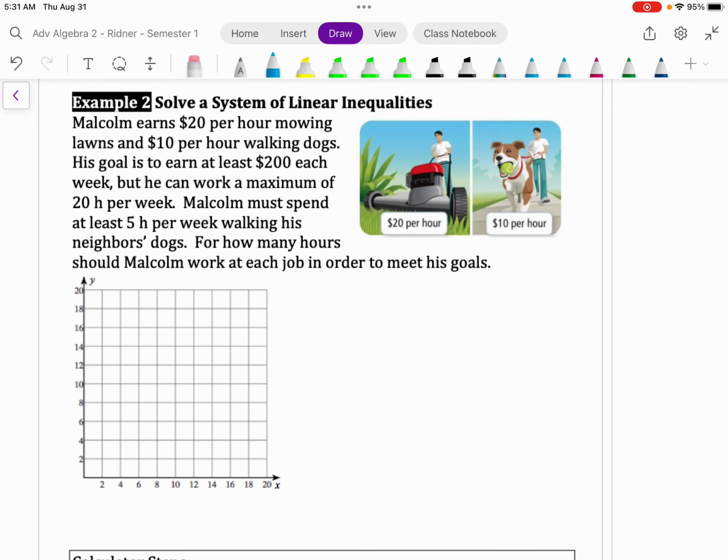So if Malcolm's earning $20 per hour mowing and $10 per hour walking dogs, and his goal is to earn at least $200 a week. So let's call mowing X and walking dogs Y, and then you would multiply that by how many hours mowed and hours walking.